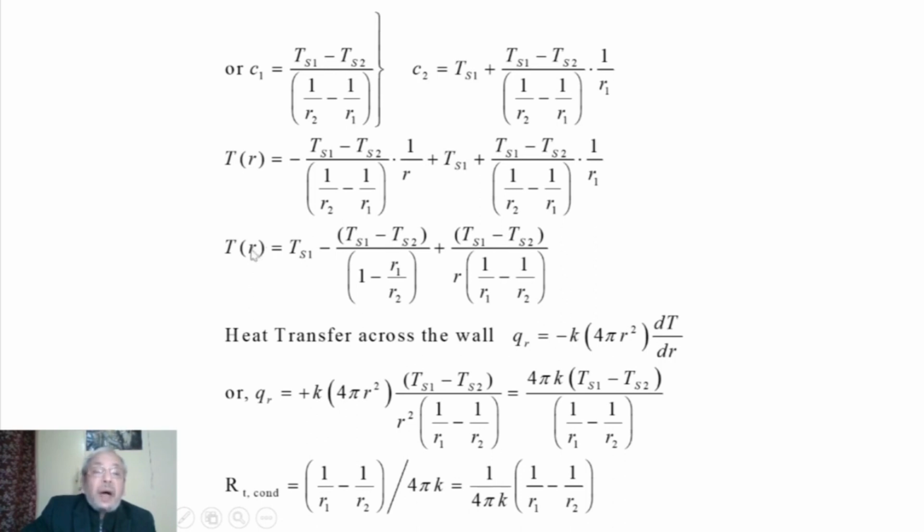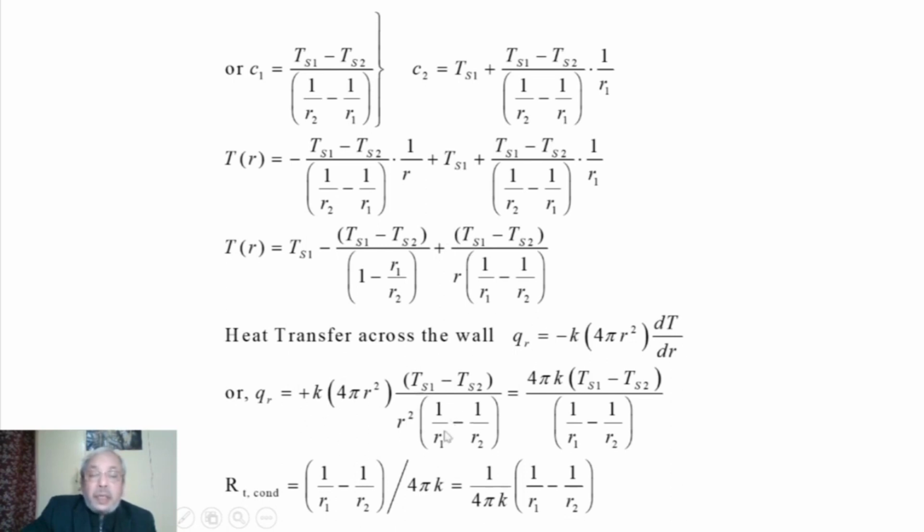After finding the derivative, the minus gets absorbed into a plus, and of course some rearrangement has been done. Ts1 minus Ts2 is multiplied by minus 1 by r square after differentiation.